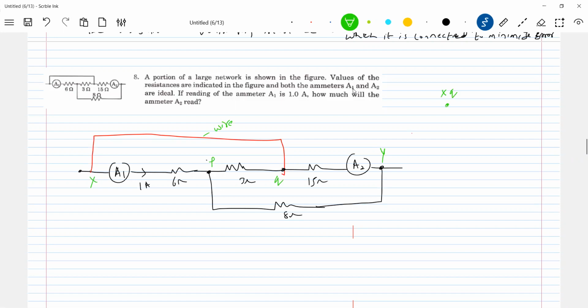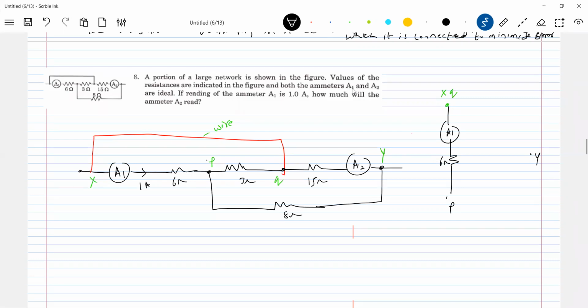There's a point Y. There's a point P. So P, Q, X, Y, 4 points are there. So look at that, there's a wire. I'll make X and Q a common point. So between X and P, one ammeter is there. I'll begin with this. There's an ammeter, and also this 6 ohm.